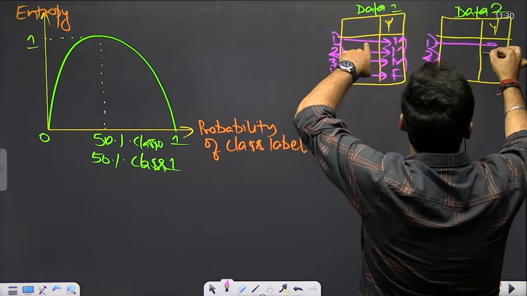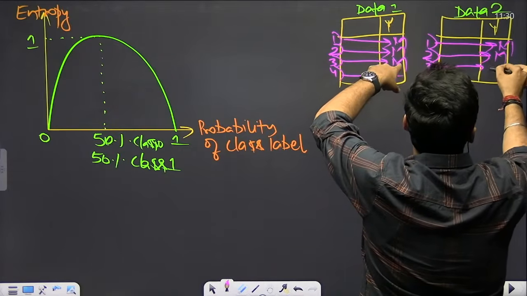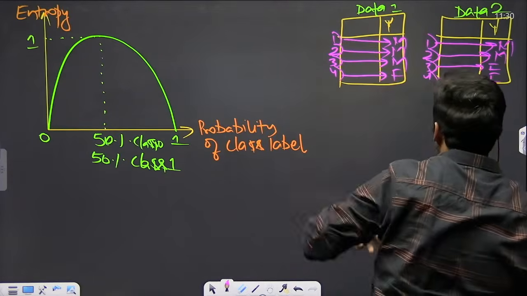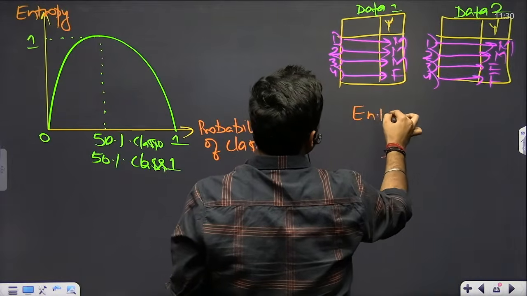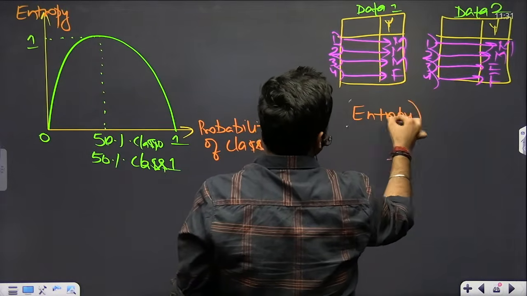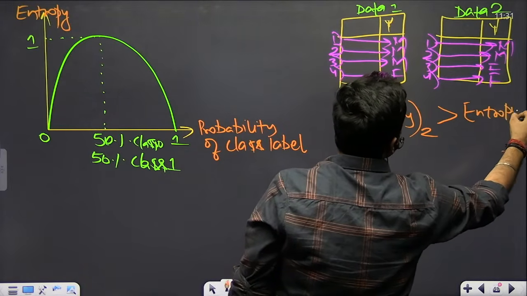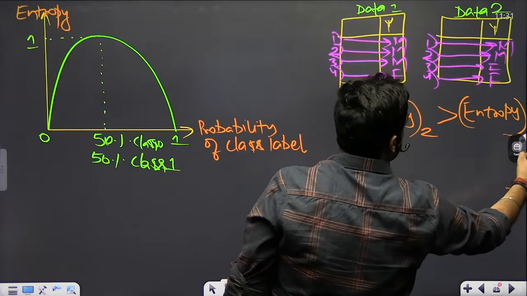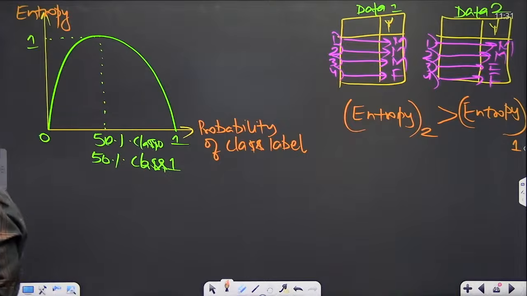Similarly, for data 2, sample 1 is male, sample 2 is male, sample 3 is female, sample 4 is female. I hope you can easily see that the entropy of the second would be greater than the entropy of the first.